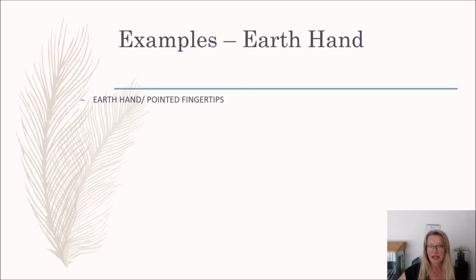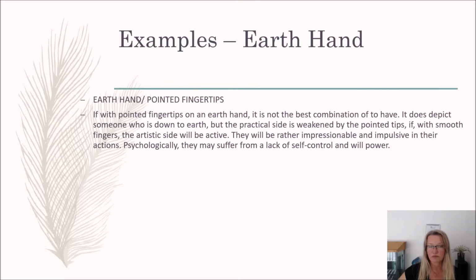Earth hand examples. It's rare to have an earth hand with pointed fingertips. The earth hand is a square palm with short looking fingers or a square looking hand. So having pointed fingers on the square hand is not the best combination because it can weaken the practical side of the earth personality.